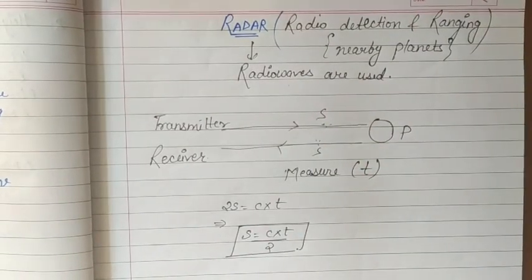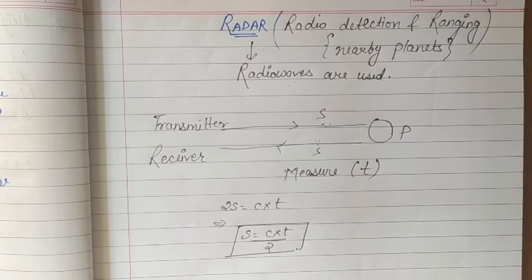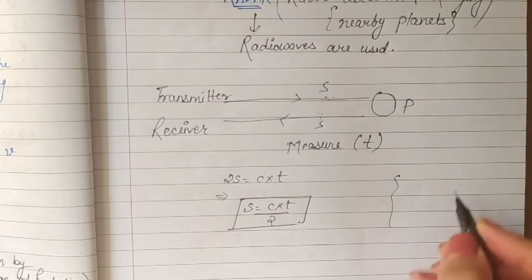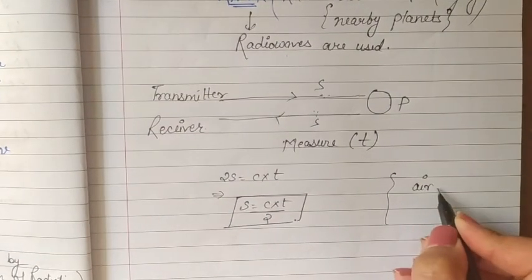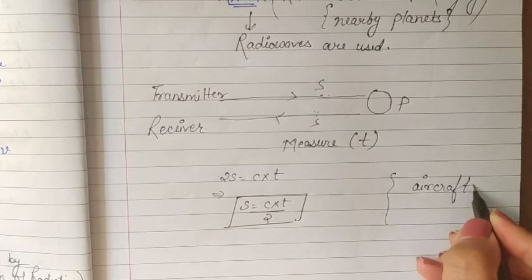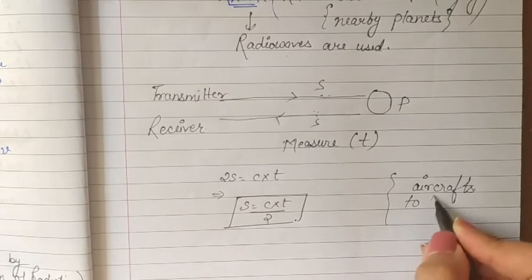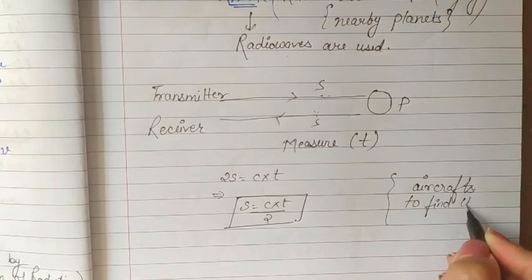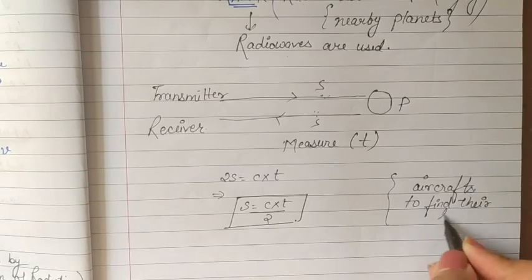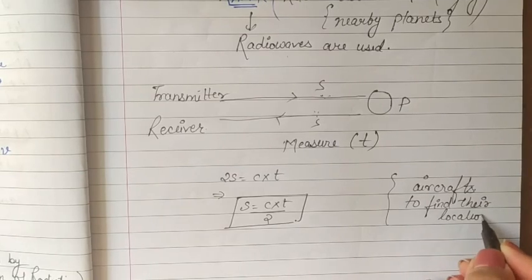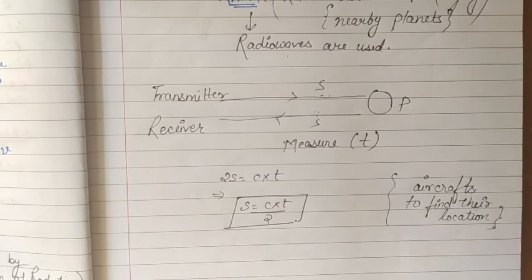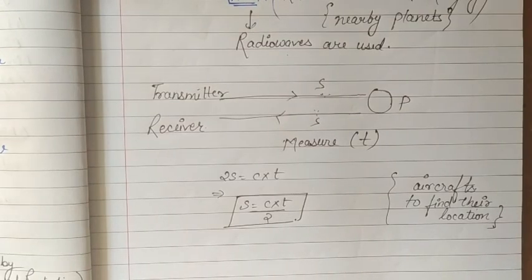If we have some nearby planets, we can use radar, or sometimes this method can also be used to determine the distance of an aeroplane. Okay, this is also used in aircrafts to find their location or distance from some other aircraft or place.